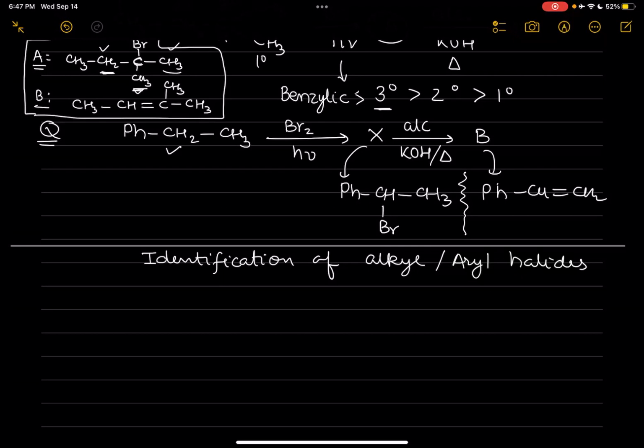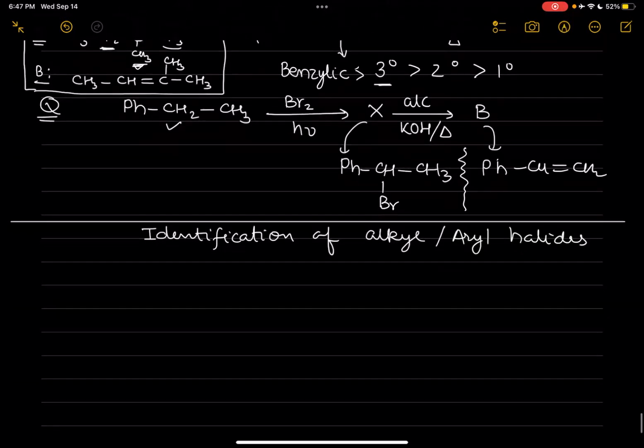Okay, so this can be asked in your school practicals also. Suppose you have a vinylic halide and an allylic halide.